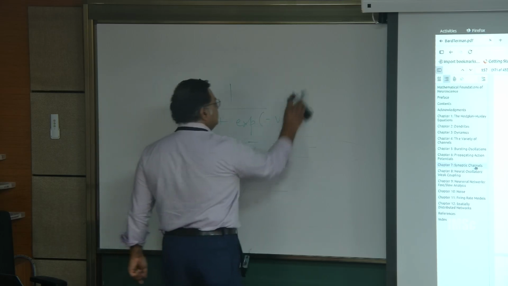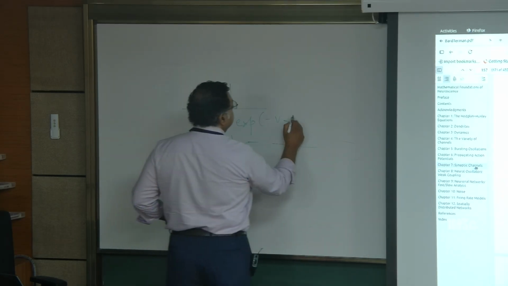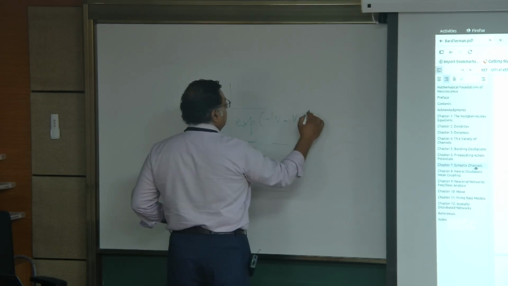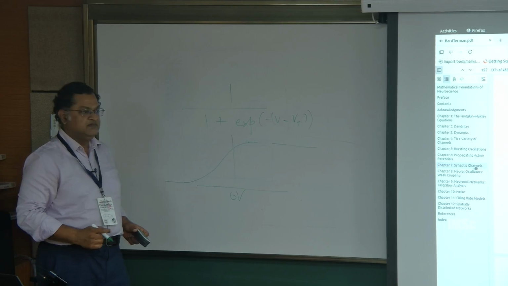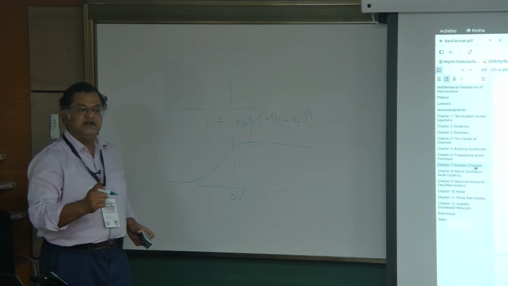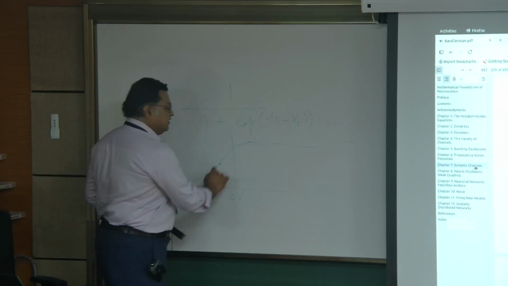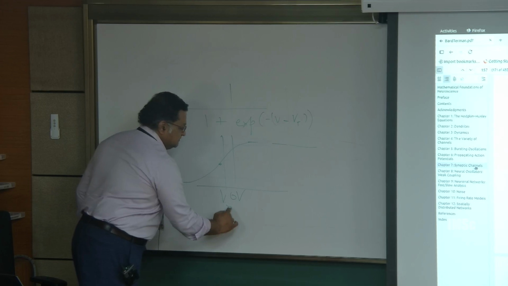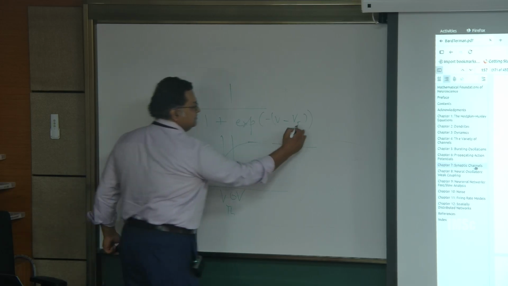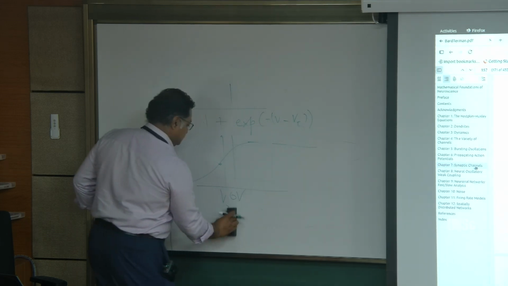If I stick in, what's the way to do it? V minus V threshold. What do you think I'm doing if I do this? Somebody said it right. Whatever this inflection point was, I shifted to V threshold. I'll write it as T. Got it?